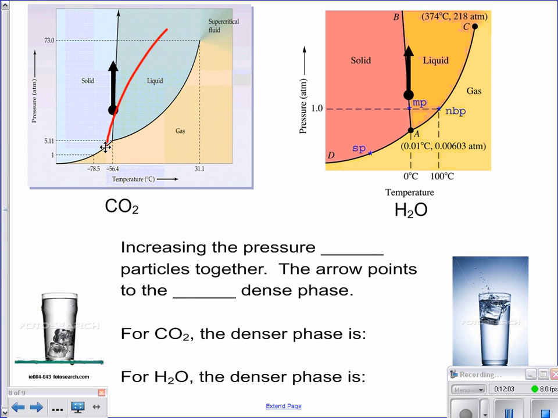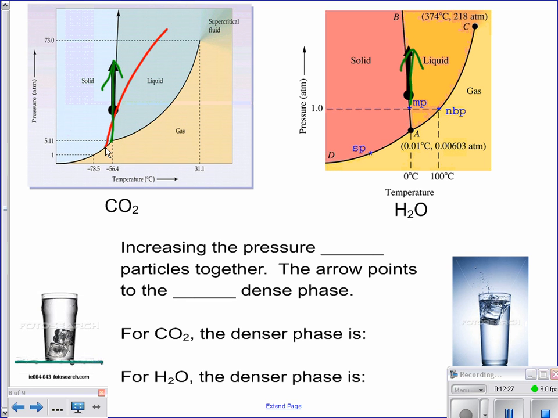So when you take a straight line up, that arrow is going to point to the more dense phase. So your carbon dioxide, dry ice, solid CO2, is more dense than liquid CO2. But it is not the case with H2O. It is actually that your liquid is more dense than your solid.